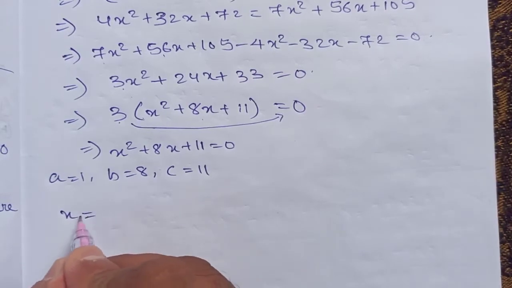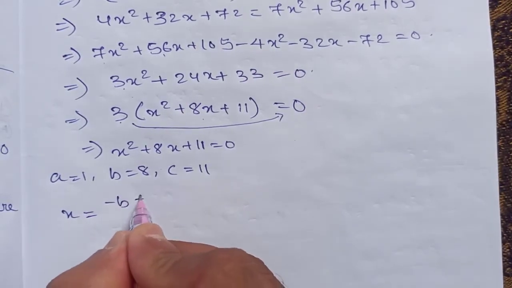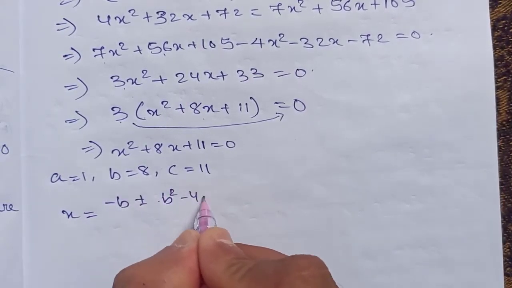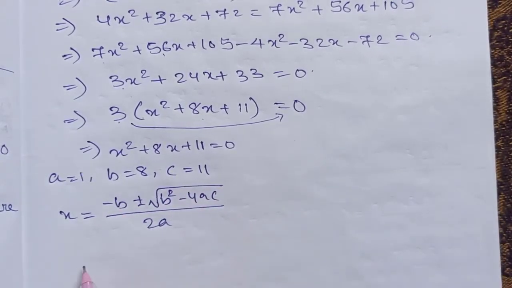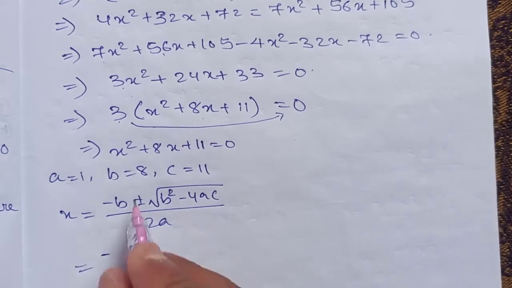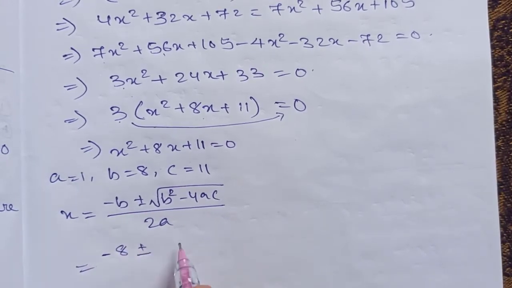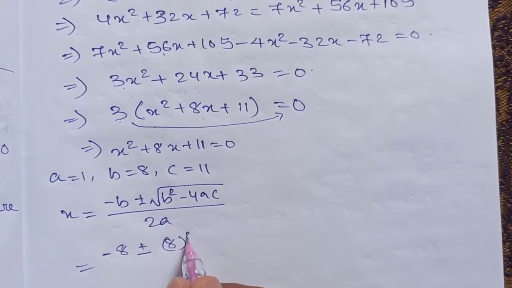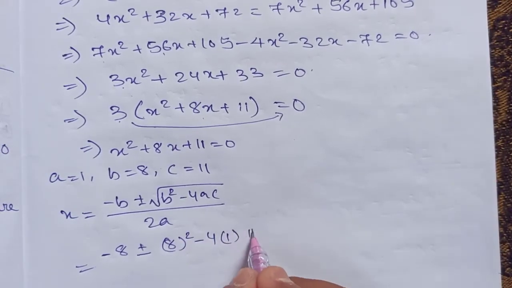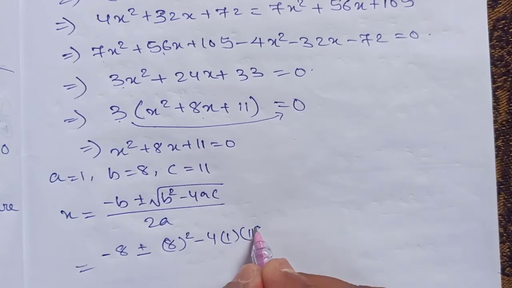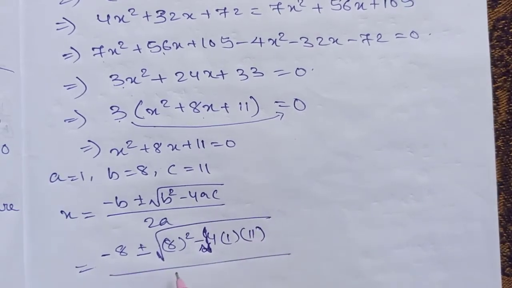Sridhar Acharya's formula is x equals minus b plus or minus the square root of b square minus 4ac, divided by 2a. This is the quadratic formula. Minus b is minus 8 plus or minus 8 square minus 4 into 1 into 11, divided by 2 into a.